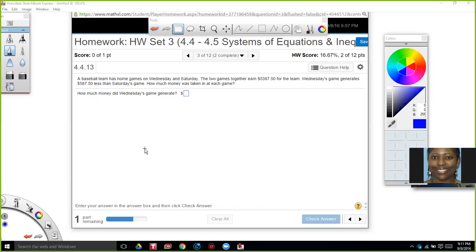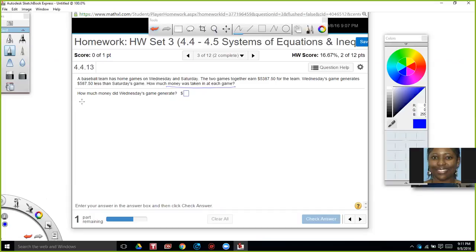And so since we're dealing with systems, we're going to be dealing with two variables. They want to know how much money was taken at each game, so they had a game on Wednesday and a game on Saturday.